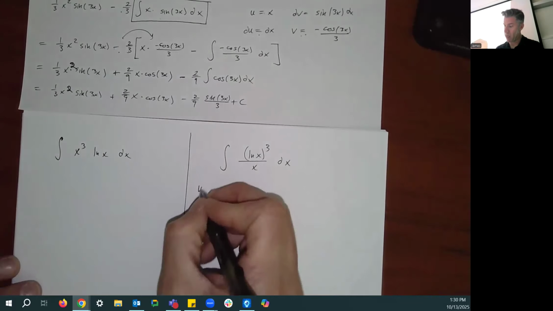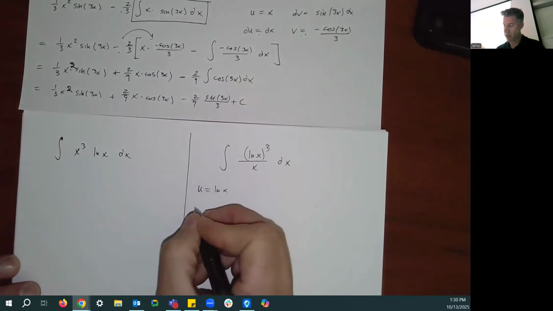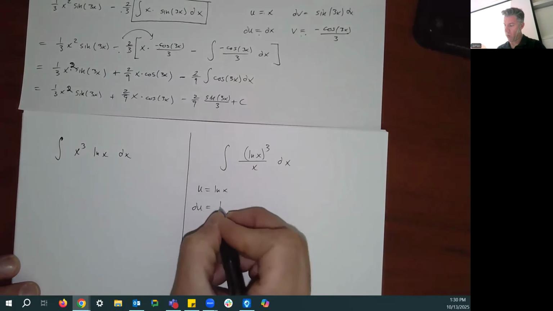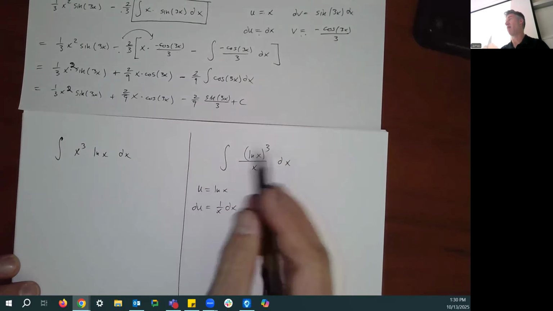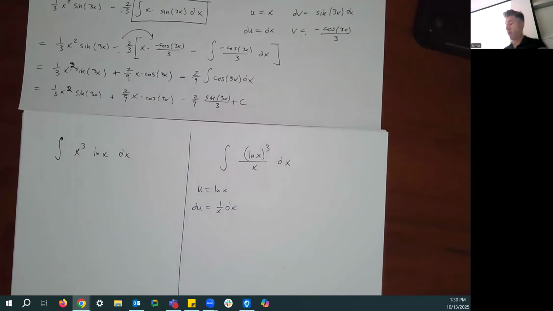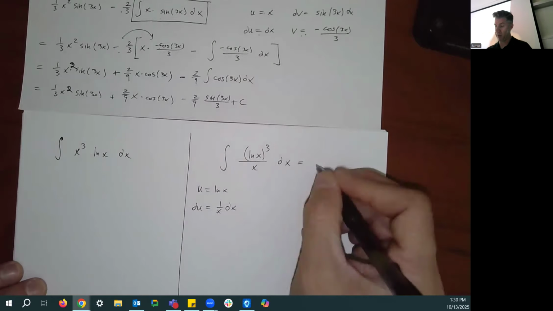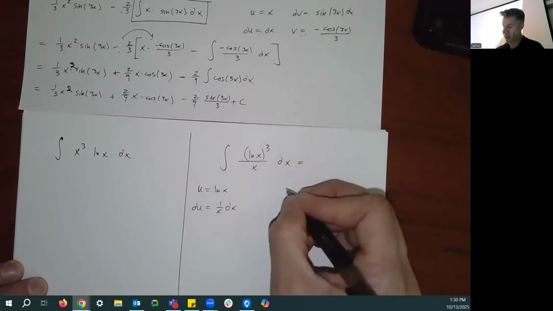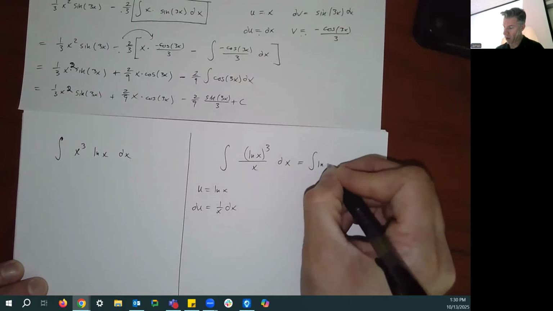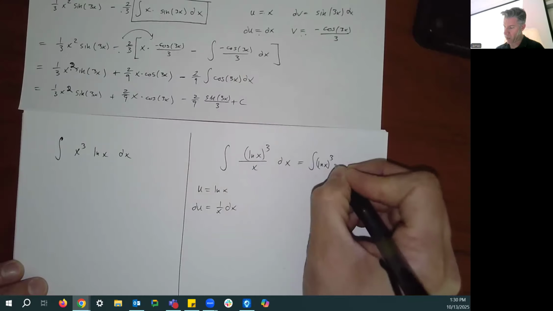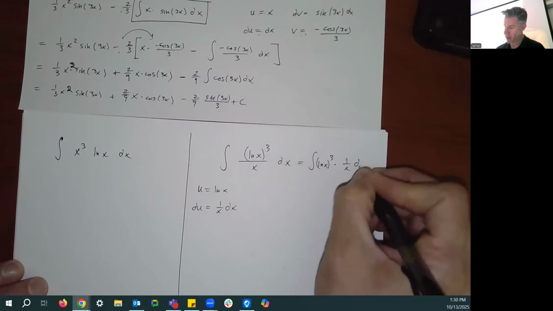If we let u equal the natural log of x, our du is 1 over x times dx, and we have a 1 over x times dx. If it helps, it's totally fine to rewrite this integral as the integral of the natural log of x cubed multiplied by 1 over x dx.